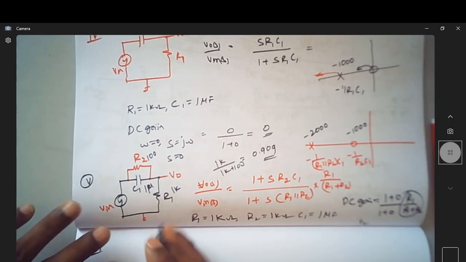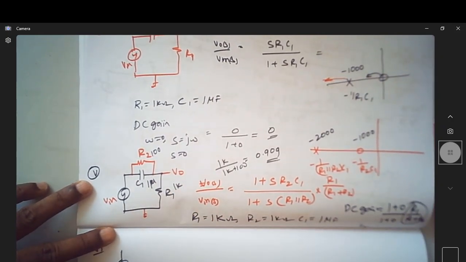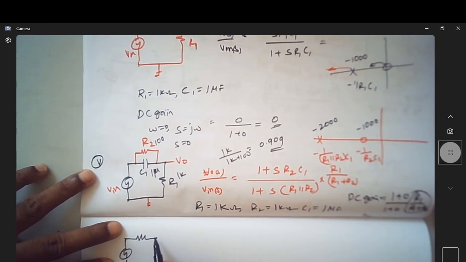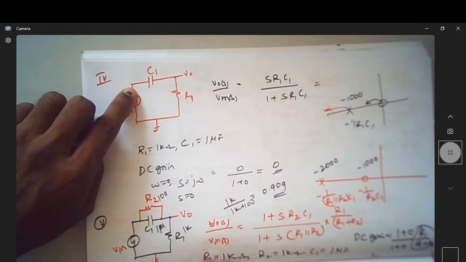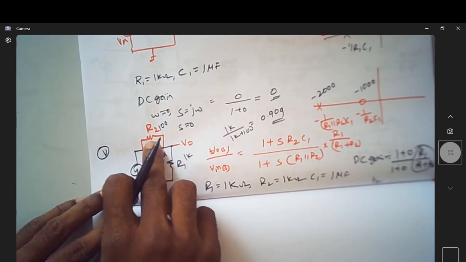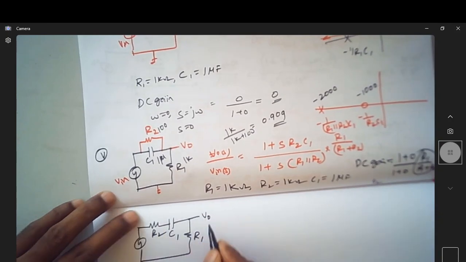So the sixth one is, let me have the resistor R2 in series with C1. So this is R1, C1, R2. We are actually adding a resistor here in series with this. Actually we had it parallel in the earlier case, now it is in series.